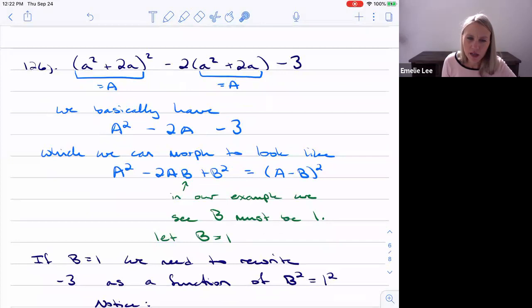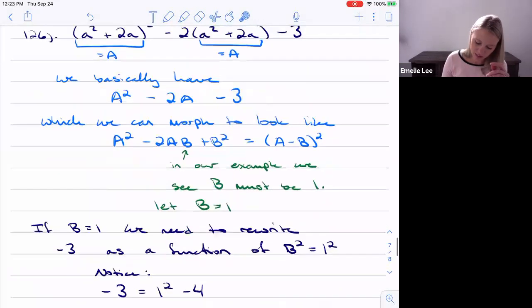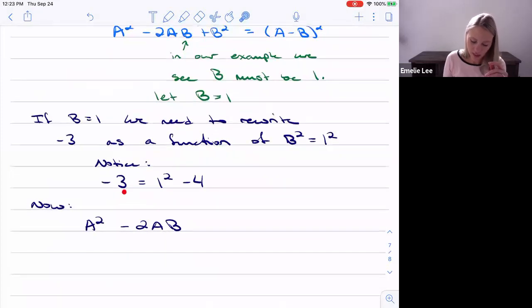Yeah, this is definitely going to take some practice, right? Just being able to recognize these things and figure out what you need and tweak it. For me, the hardest part is looking at this and saying, oh, well, I can rewrite -3 as 1 squared minus 4, and then I'm done.